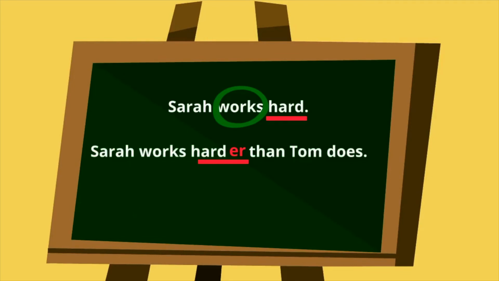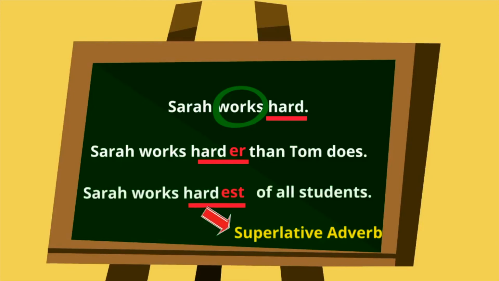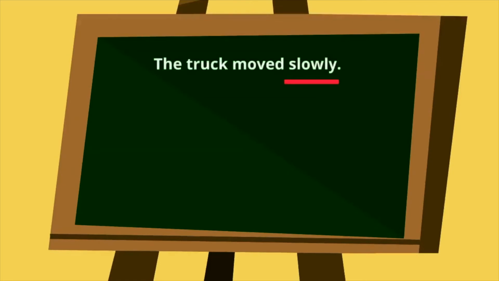Now, if I want to compare 3 or more actions, I'm going to add EST to the adverb, and this is called a superlative adverb. Sarah works hardest of all students. Now, for most adverbs that end in ly, we use the word more to compare between 2 actions.